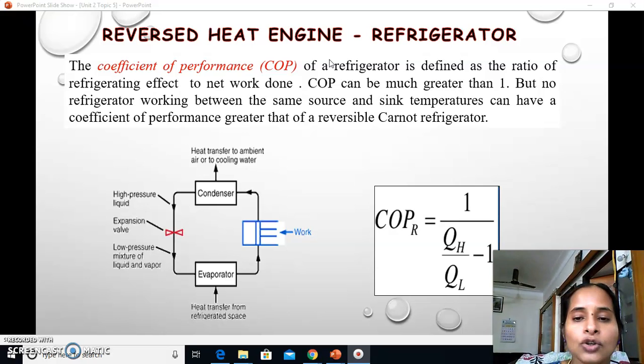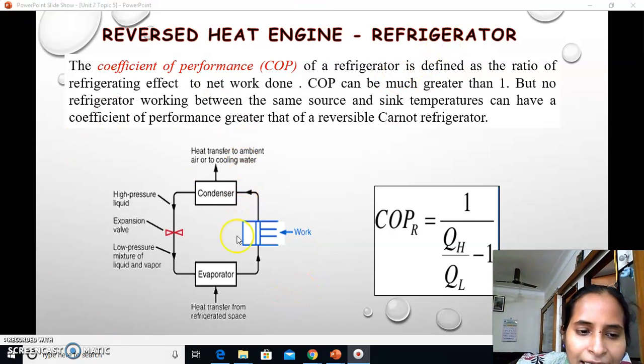So you can understand that heat engines follow the direction of normal spontaneous processes, and reversed heat engines follow the direction of non-spontaneous processes. Let me first explain how a refrigerator works, and then we will move to its coefficient of performance.